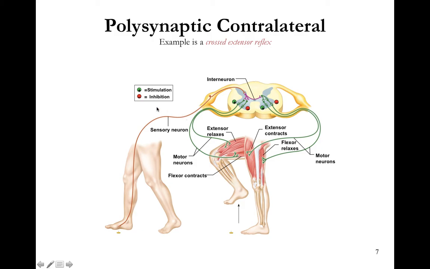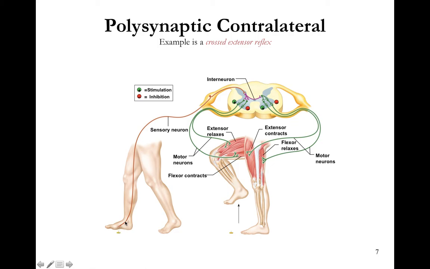All contralateral reflex arcs are going to need to be polysynaptic and have that additional interneuron on the inside. So this is showing you that reflexes can be a little more complicated than what we previously saw with the monosynaptic ipsilateral and polysynaptic ipsilateral. Say you were standing upright on both legs, you step on a tack with one leg, right?